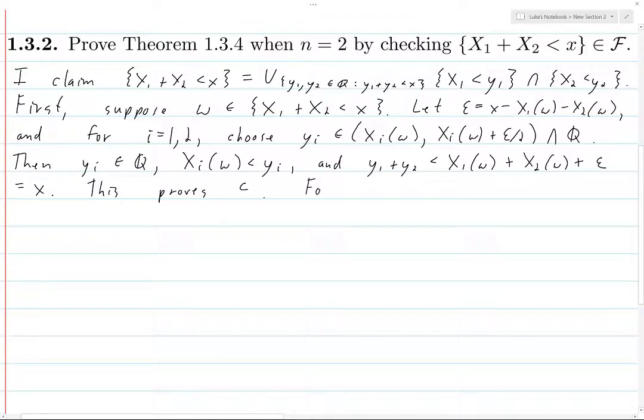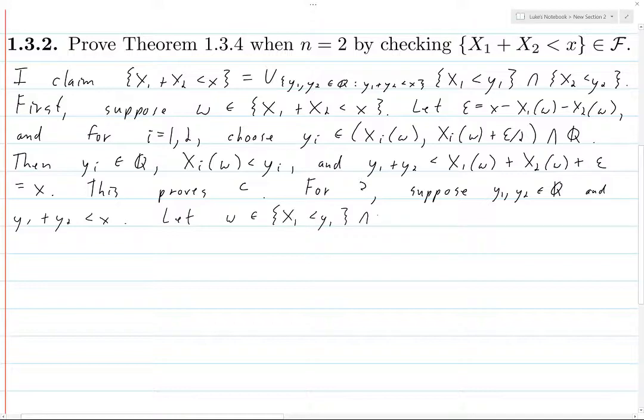For the other inclusion, we have to take a set on the right-hand side. Suppose y1 and y2 are in Q, and suppose y1 plus y2 is strictly less than x, and let omega be an element of x1 less than y1 intersected with x2 less than y2.